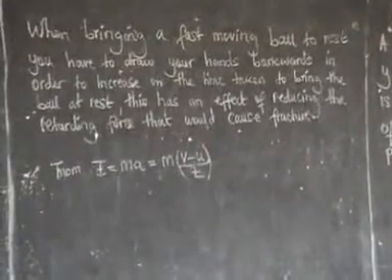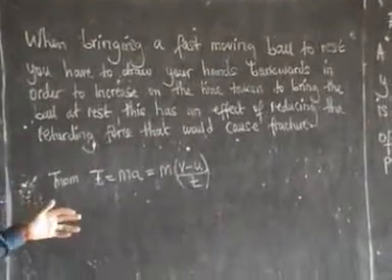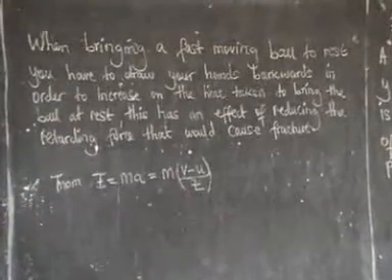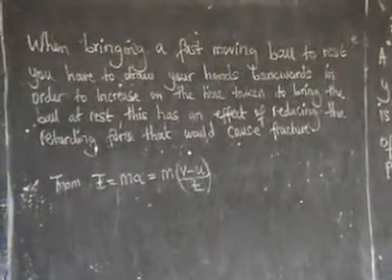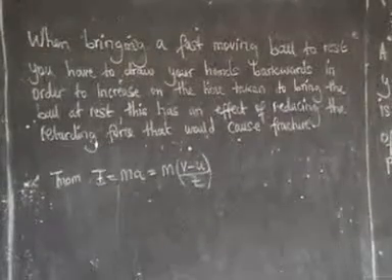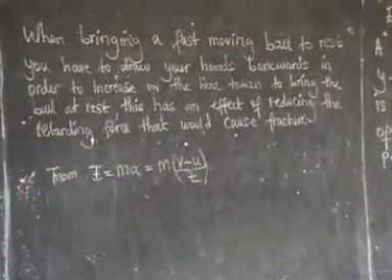Actually, it's the same explanation for why vehicles have airbags. The airbag protrudes out in case a vehicle is involved in an accident.